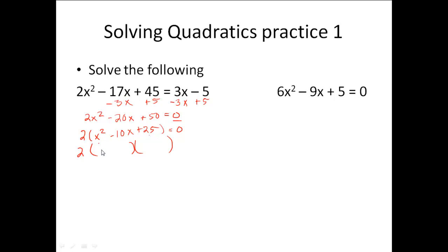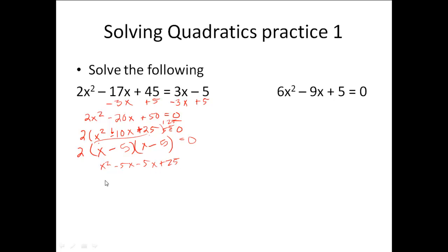So since I only have an x squared there, I'm going to have x and x. The plus sign by the 25 means they match. This one means they match as negative, so I'm going to have minus minus. My factors of 25, 1 and 25, or 5 and 5. Well, to get to the 10, I'm going to need the 5 and the 5. So check this by foiling it, and I'm going to get x squared minus 5x minus 5x plus 25.